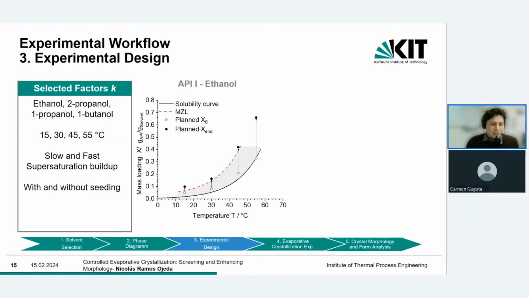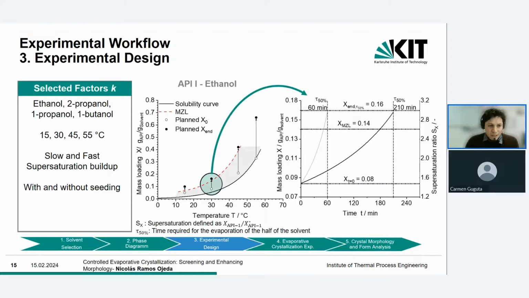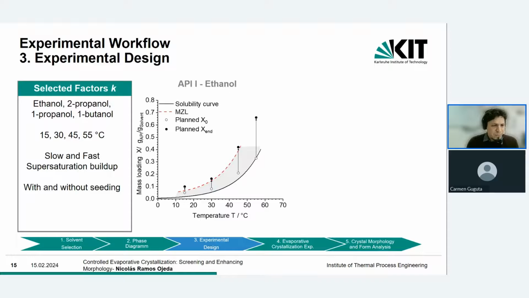So, exemplary for the first API in ethanol, we can see here the routes that we planned. As you can see, we intentionally operate with slightly supersaturated solutions, not starting exactly on the equilibrium line. This decision was influenced by practical constraints.